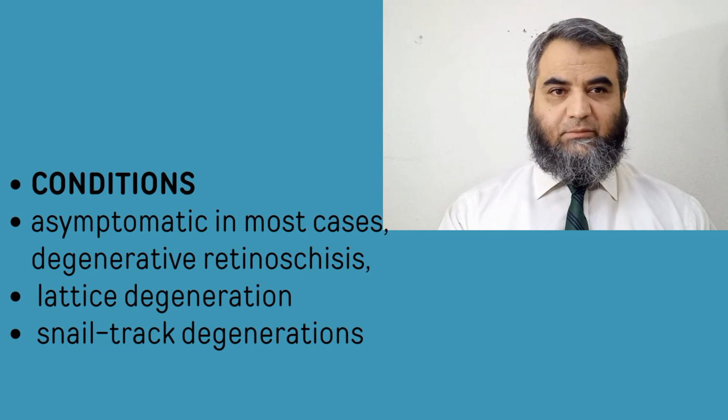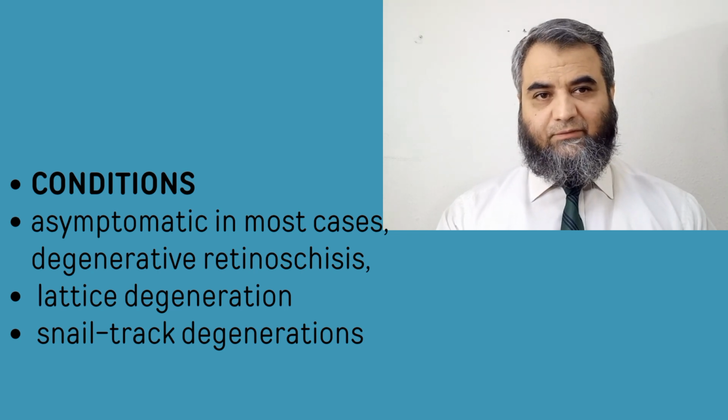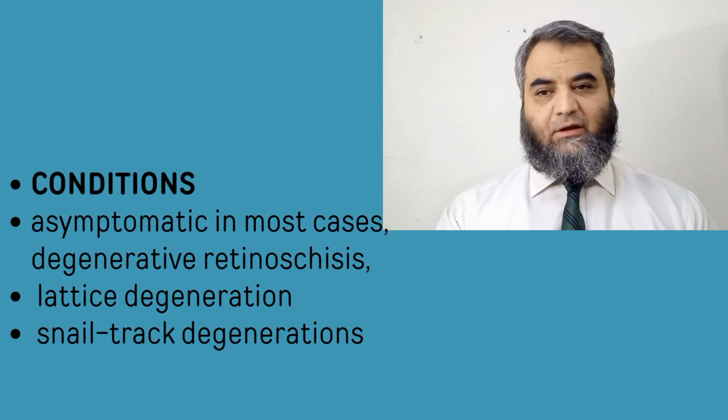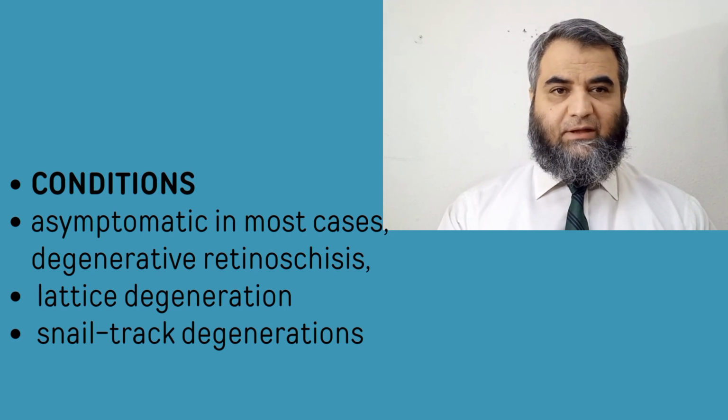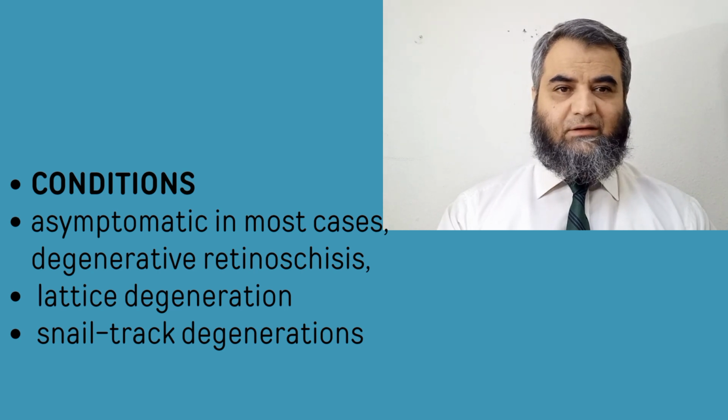They may be found in different degenerative conditions like degenerative retinoschisis and snail track degenerations, which are a few examples where we can have retinal breaks for years but not causing any effects. These are asymptomatic.